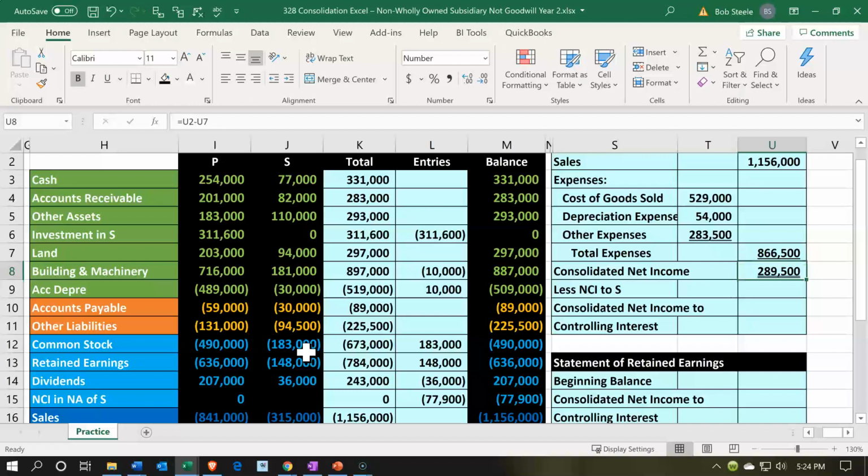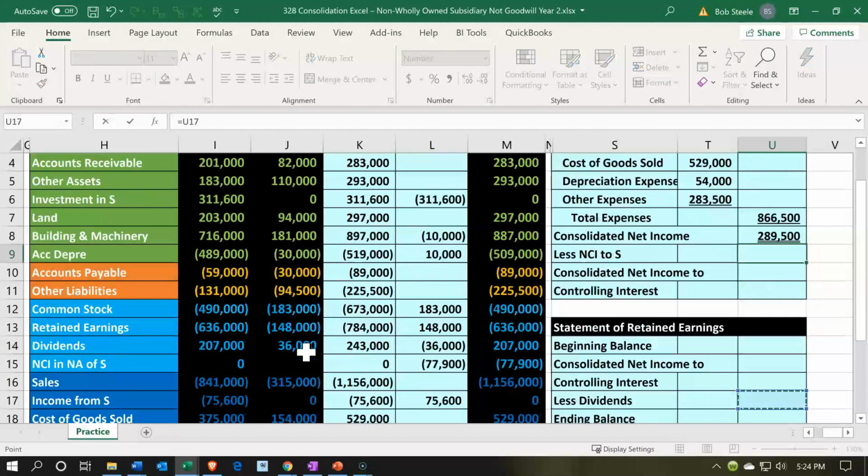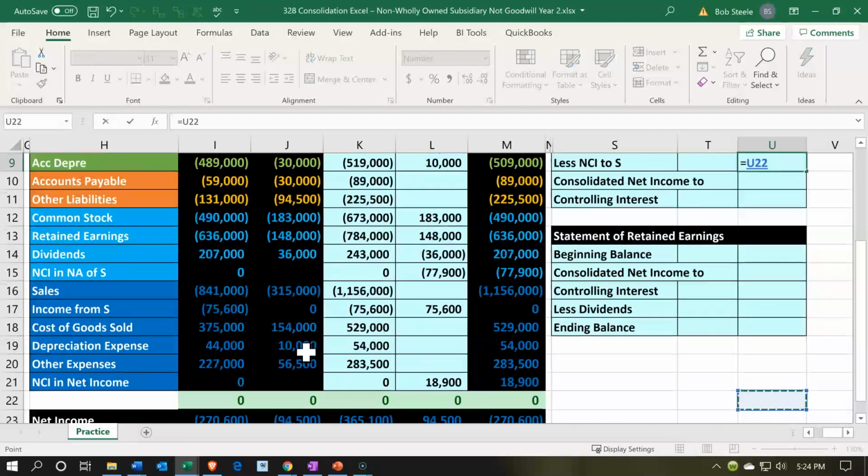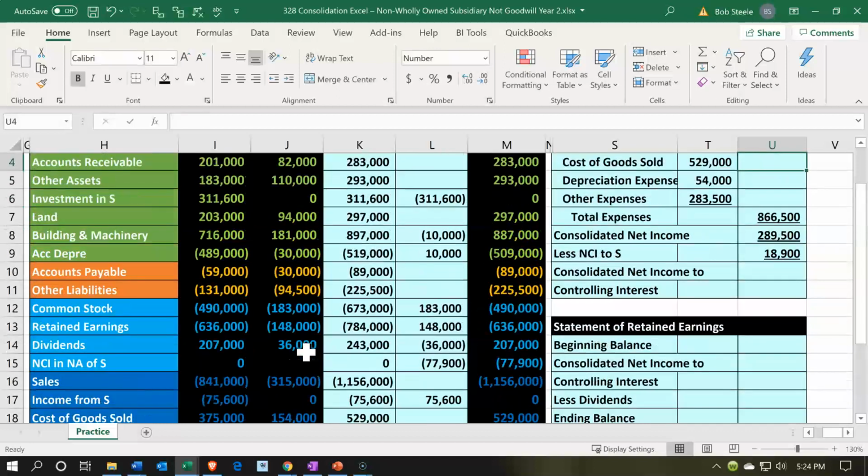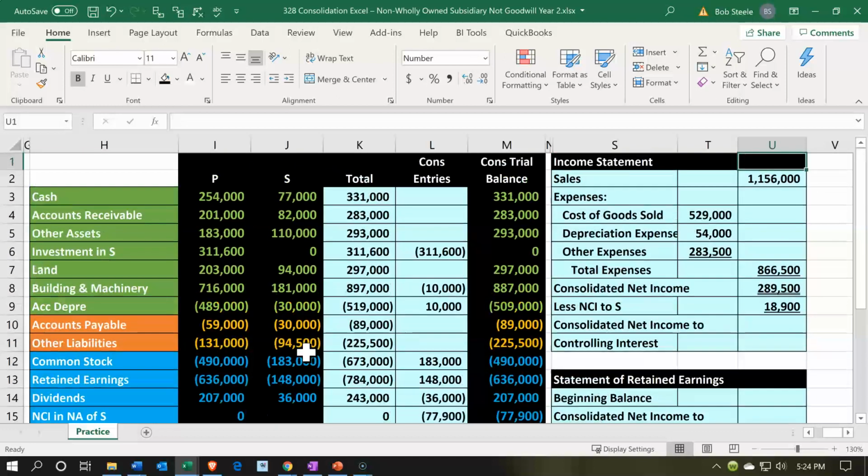That's the 289.5 consolidated net income. Now we're going to treat that non-controlling interest kind of like an expense. And we're going to decrease this amount more by that non-controlling interest. So I'm going to say equals less the non-controlling interest of the 18.9, which, like I said, is kind of acting like an expense on our trial balance over there and here on our income statement in essence.